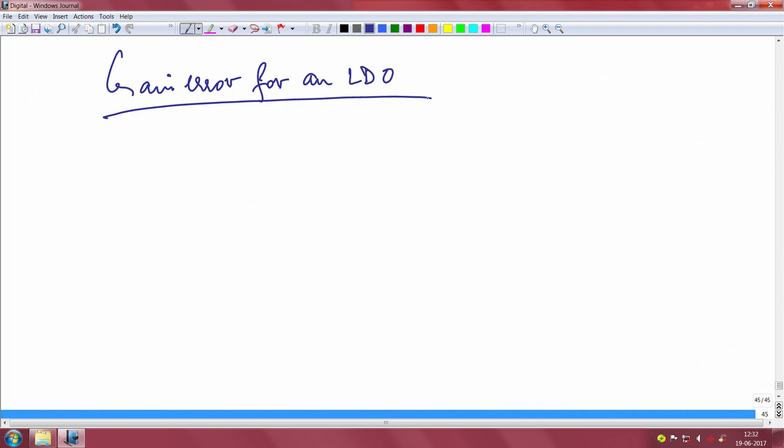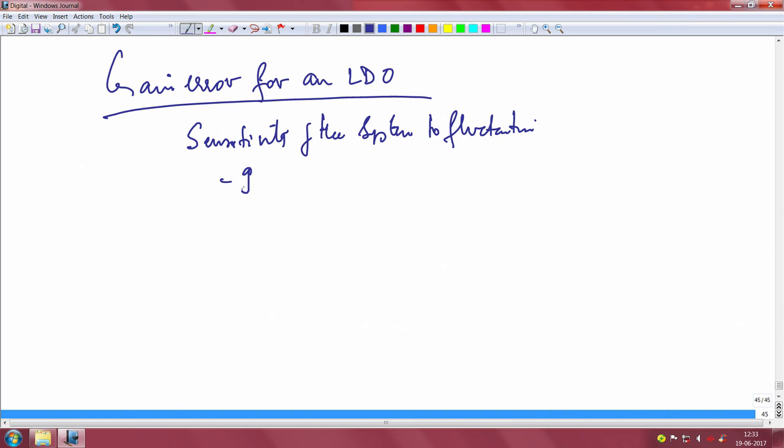What this simply means is the sensitivity of the system to fluctuations ultimately rests on the gain across the loop.